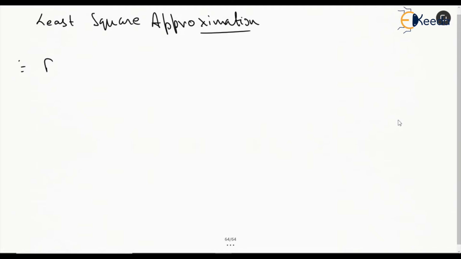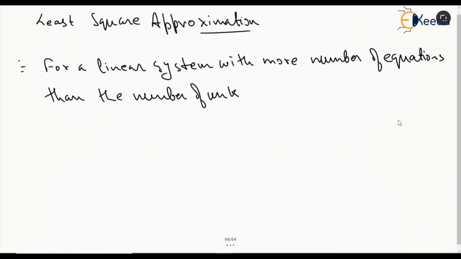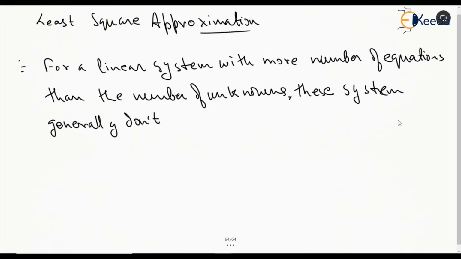So, for a linear system with more equations than unknowns, these systems generally don't have a solution.